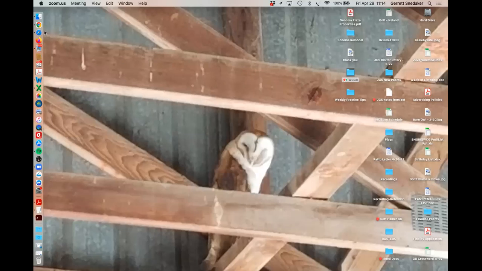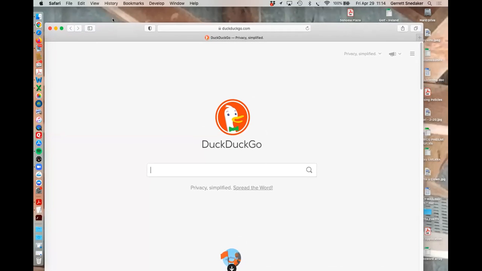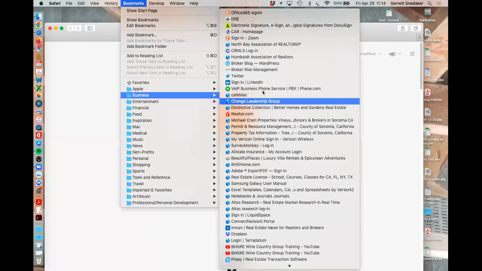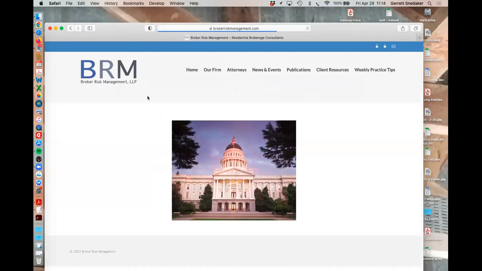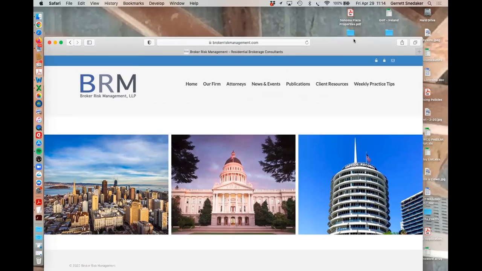Yes. Okay, that's my barn owl, my favorite buddy. So we're going to move that over here. We're going to visit a site on my bookmarks called Broker Risk Management.